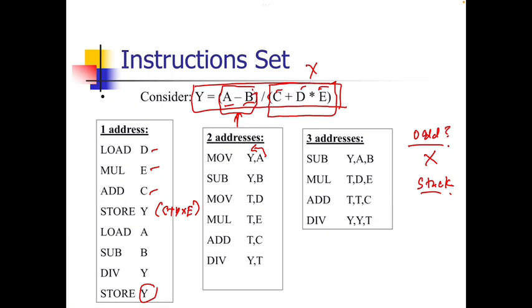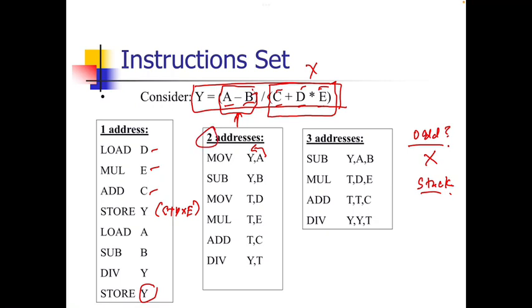Then multiply with E, so E we will multiply with what we have in memory T. Then we add with C, we add C in T. Then we divide Y and T. So this is when we have two addresses.